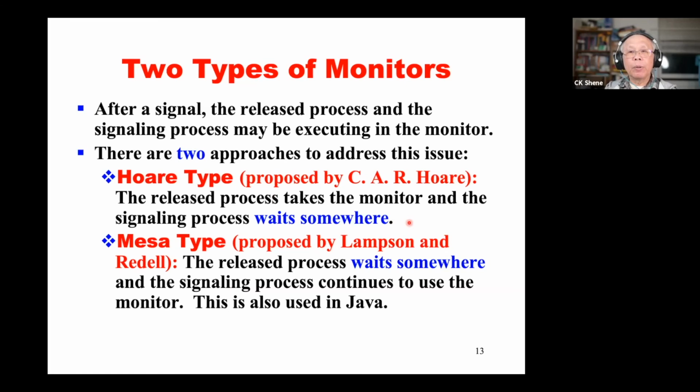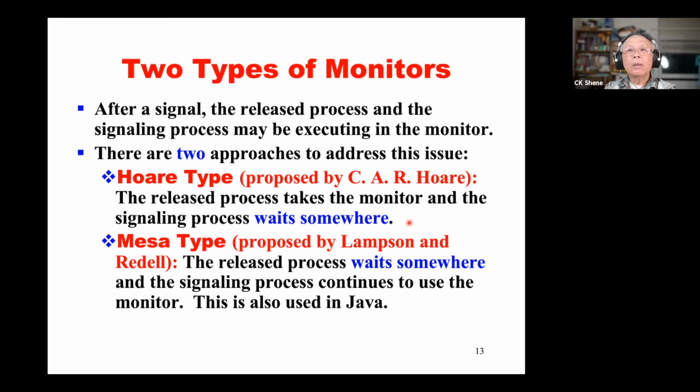For example, you came to the monitor and found out the counter value is not zero. The event you wish to wait for was the counter value being zero. Now, because the counter value is not zero, you block yourself by waiting on a condition variable. So the monitor is empty. Some other processes could run in the monitor.